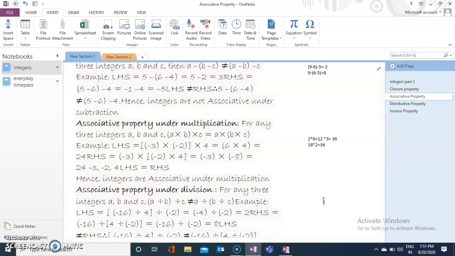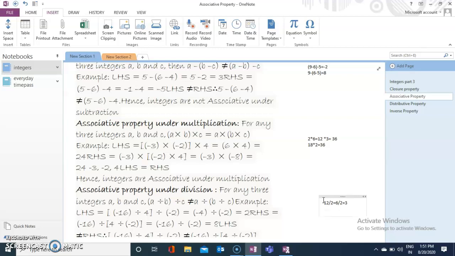Associative property under division. For any 3 integers a, b and c, (a divided by b) divided by c is not equal to a divided by (b divided by c). So LHS is not equal to RHS. Live example, 12 divided by 2 is equal to how much? 6. Now if I divide 6 by 2, how much is it equal to? It is equal to 3.